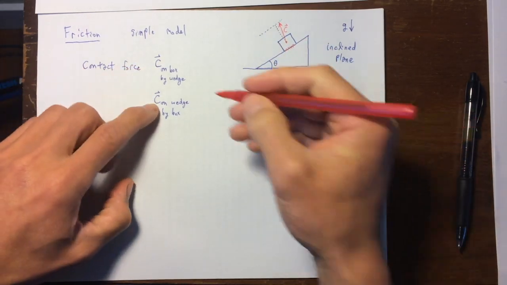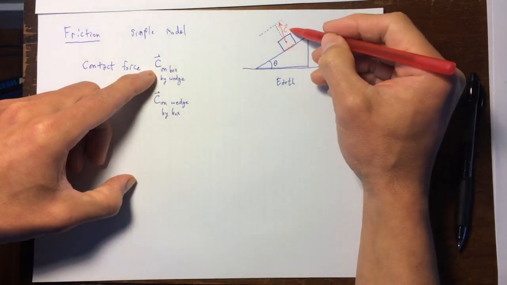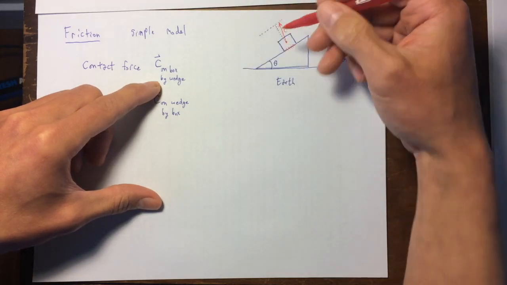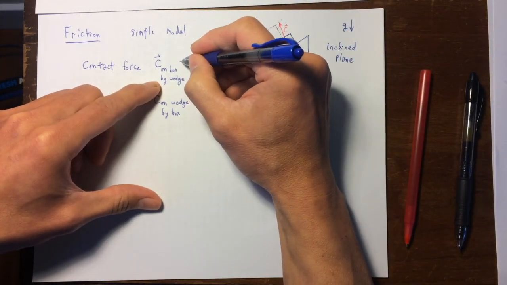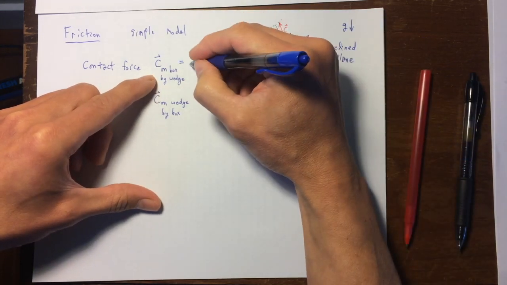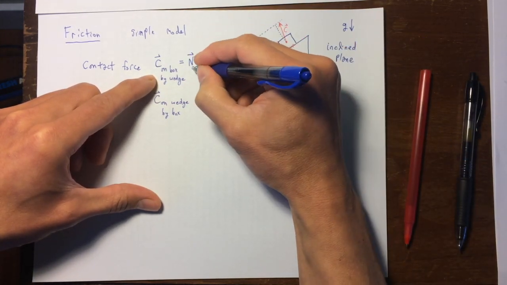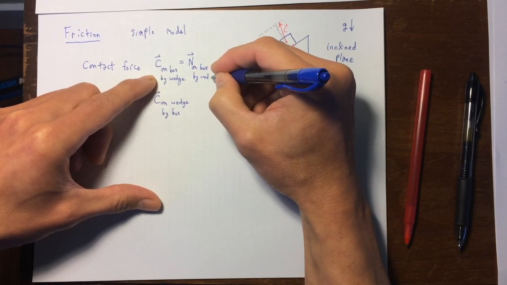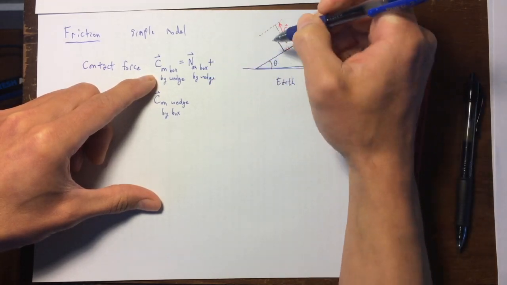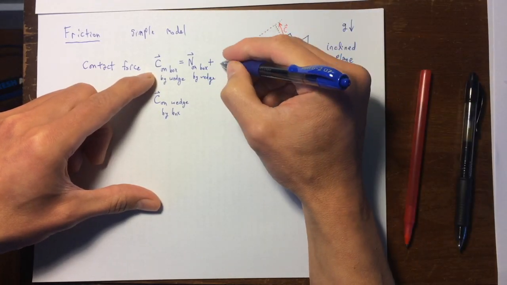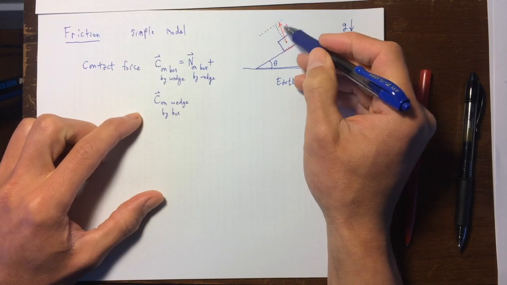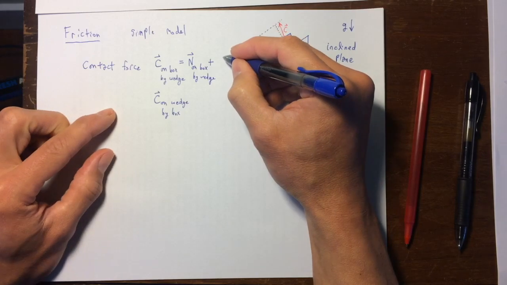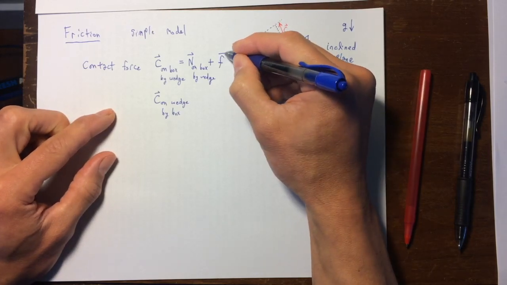So down here, I'm going to say that this contact force on the box by the wedge, this red arrow here, is actually the combination of a normal force on the box by the wedge, plus, so that's the normal component, something else that's a part of the contact. And this something else is called friction. I'm going to use lowercase f.